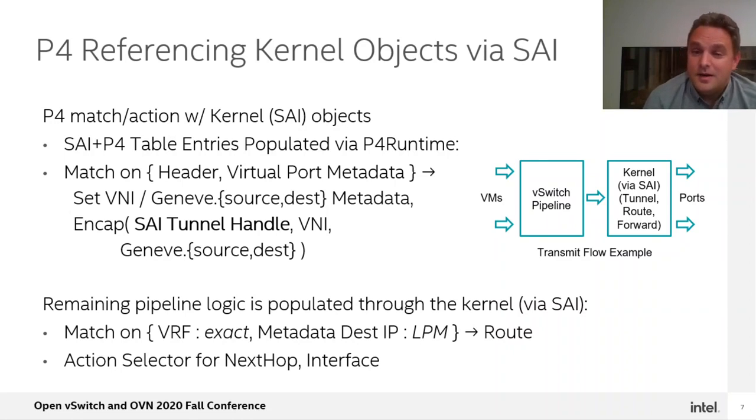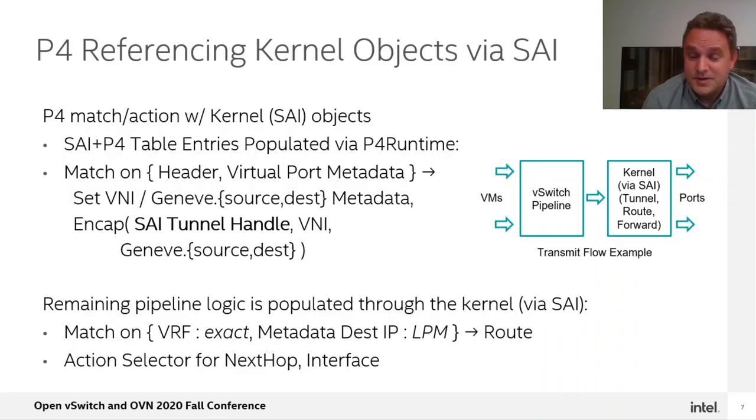And then once the packet is pushed into that tunnel, there may be other tables in the pipeline that were populated from the kernel that would also get applied. So when you are encapping on the tunnel, you want to also route that packet based on the kernel routing table, and you may also want to LAG that packet based on the teamd state that's been set up on those physical ports, and then send the packet over the physical port that's been set up as a netdev inside the kernel.